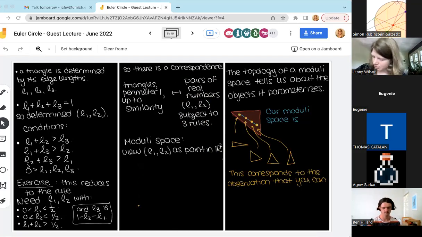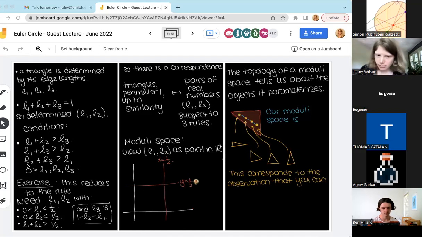Let me draw that subset. Okay, so here's the boundary x equals 1/2. Here's y equals 1/2. And then here's x plus y equals 1/2.